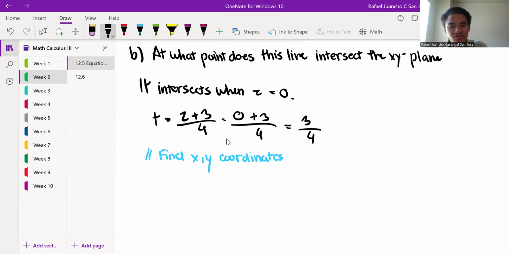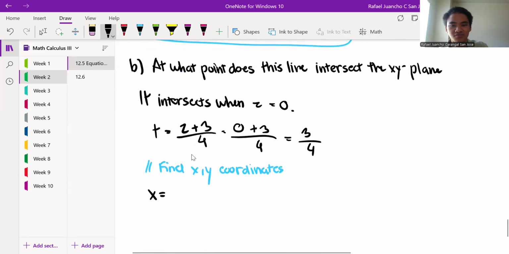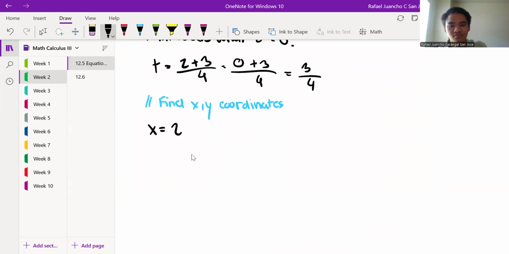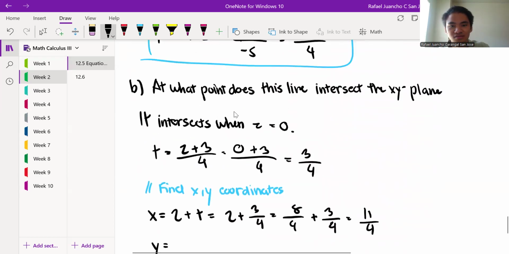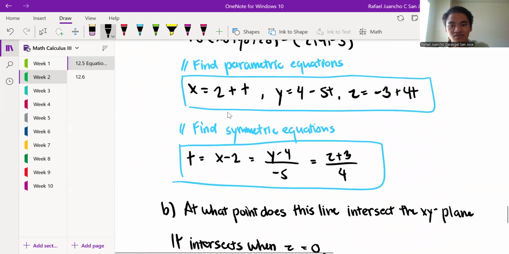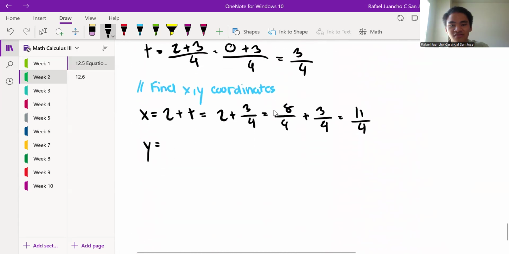So for x, we'll just use the parametric equation, 2 plus t, so 2 plus 3 over 4. We get 11 over 4. For y, we get 4 minus 5t.